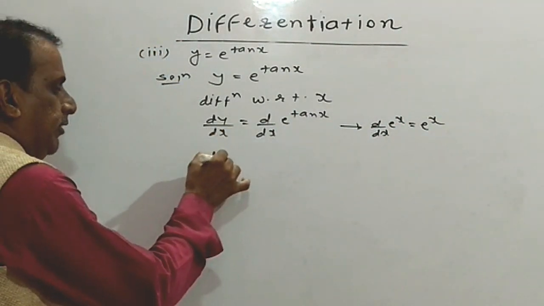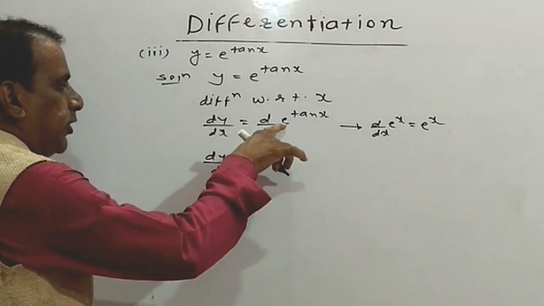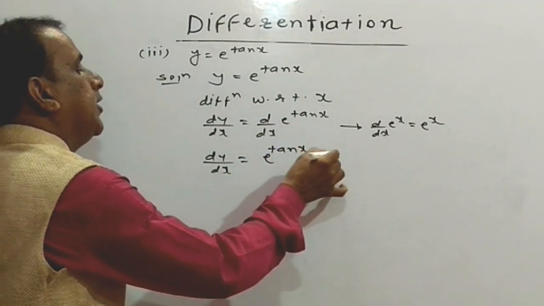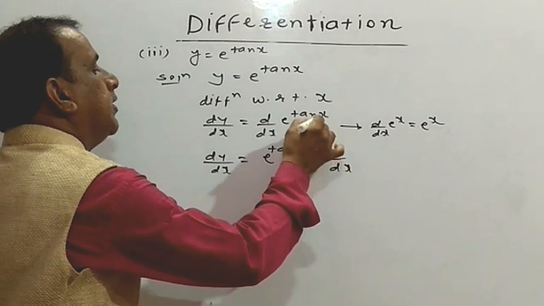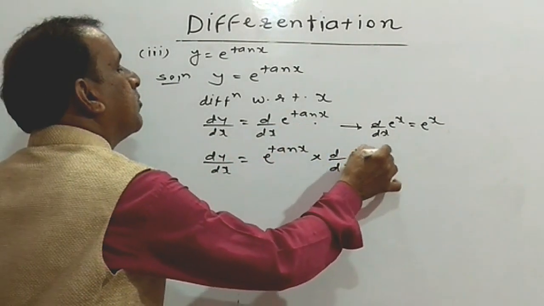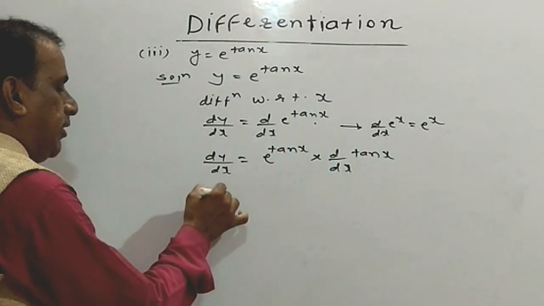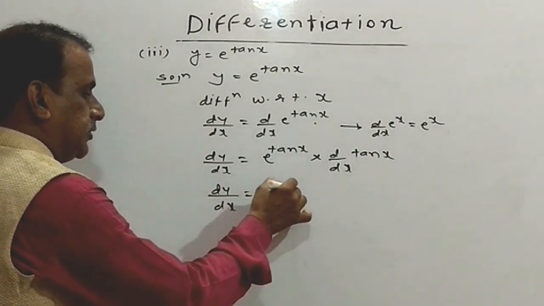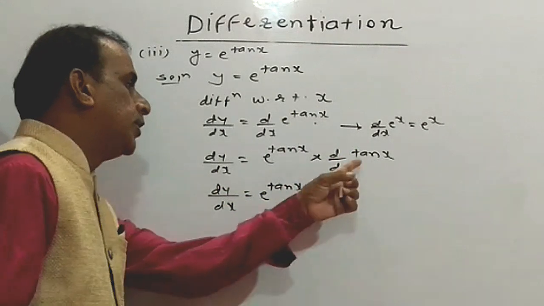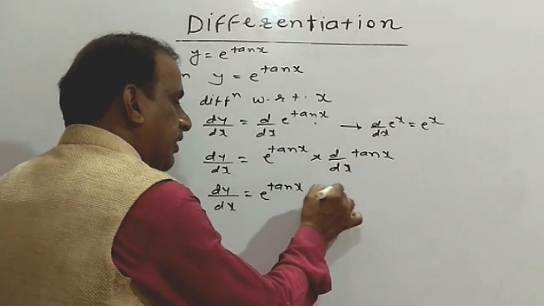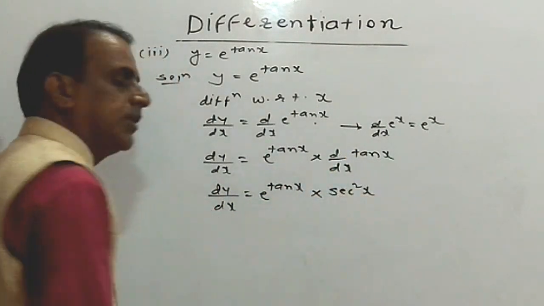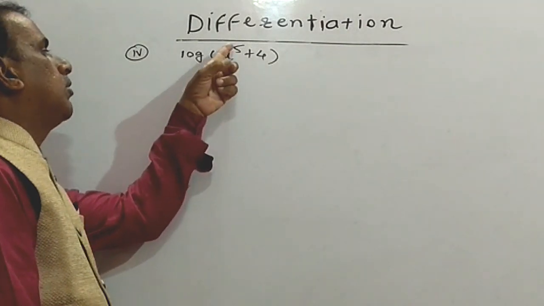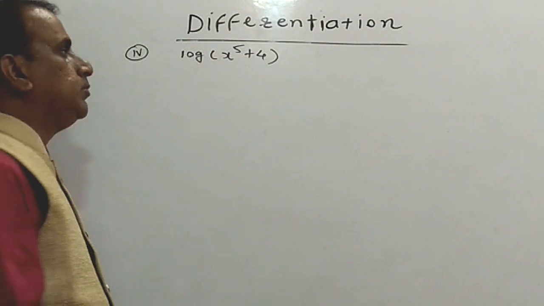So dy/dx is equal to e to the power 10x into the derivative of 10x, which is 10. Example number 4: log of x to the power 5 plus 4.